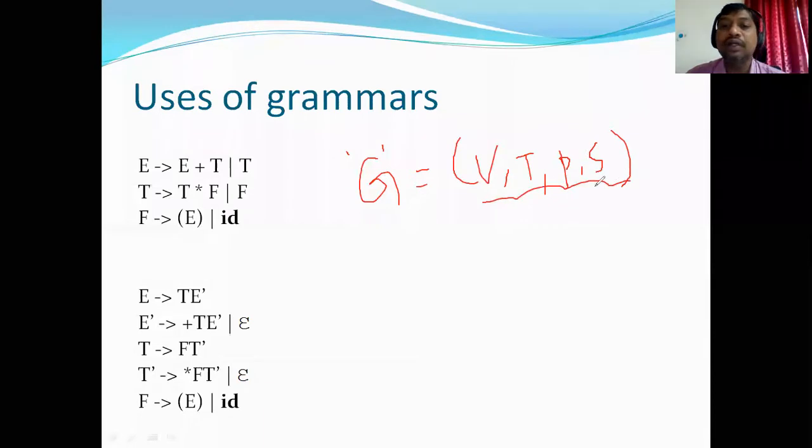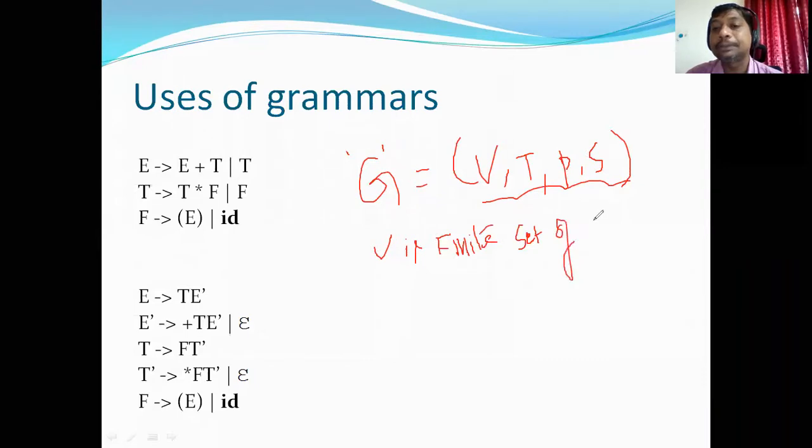The 4 tuple BTPS. B is a finite set of variables, or you can call them non-terminals, NT.